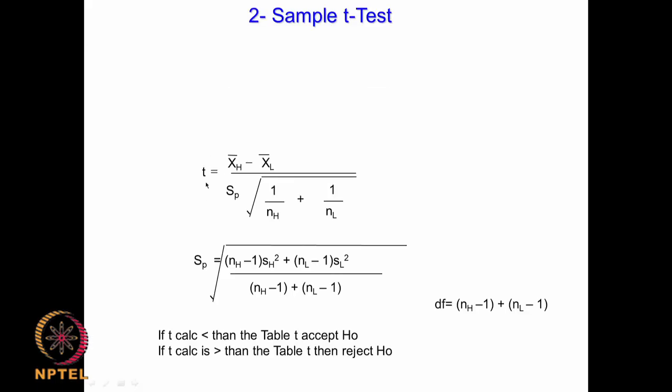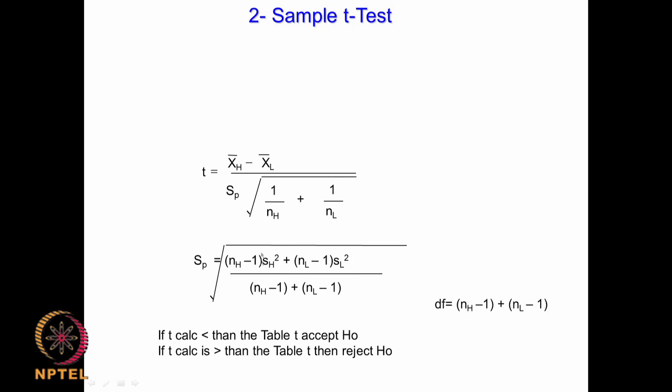So, we need to calculate t is equal to x_H minus x_L, that means x_H is your mean for one group and x_L is the mean for another group, divided by S_p times square root of 1 by n_H plus 1 by n_L, where n_H is the number of samples for one group and n_L is the number of samples for another group.